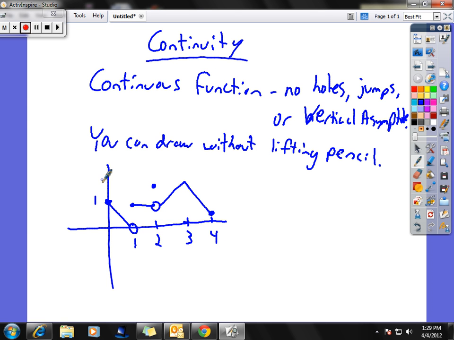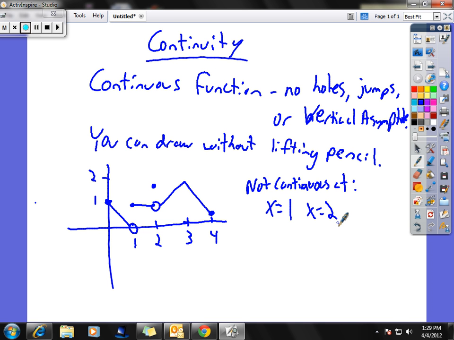Let's call that 1, 2. So where is this function not continuous? At x equals 1, x equals 2.